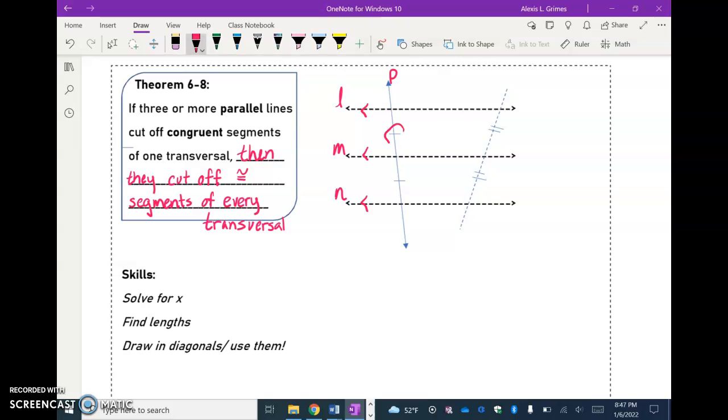Because these are the same, that's the if part, then they cut off congruent segments of every transversal. That means if we draw on another one, so this dashed one over here, looking at this one, we now automatically know this one is going to be the same as this one.